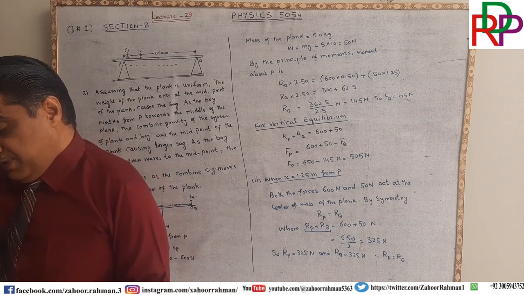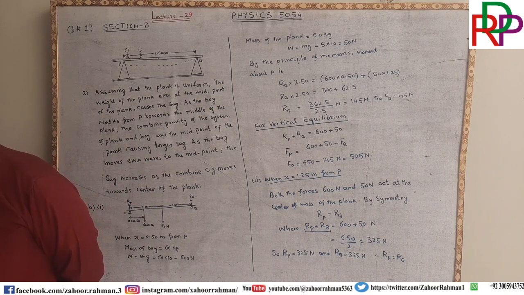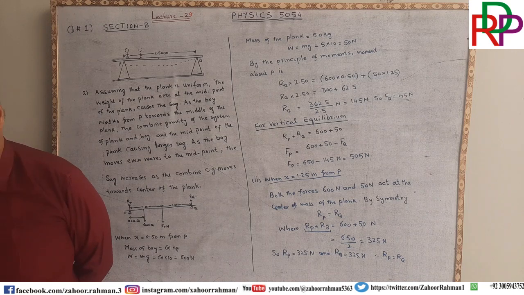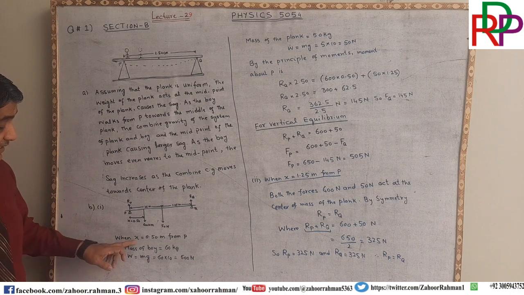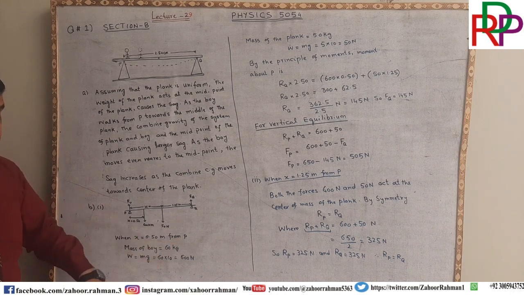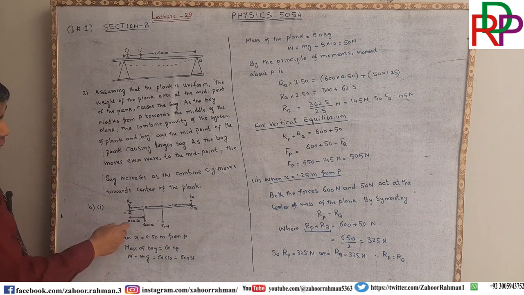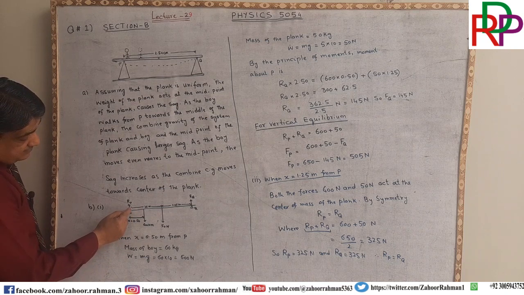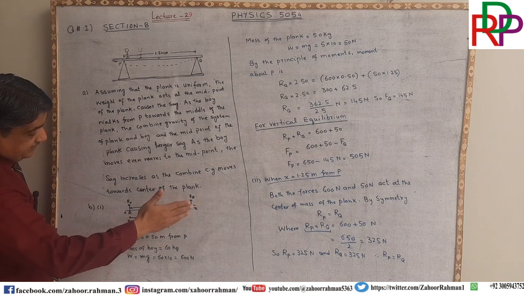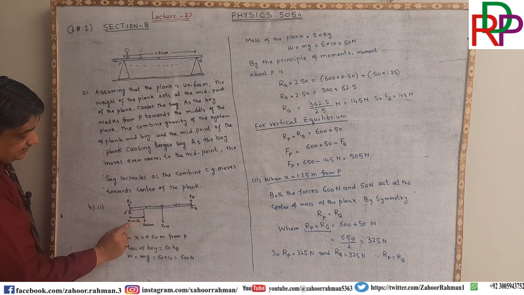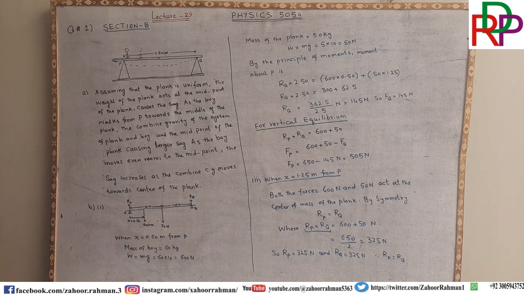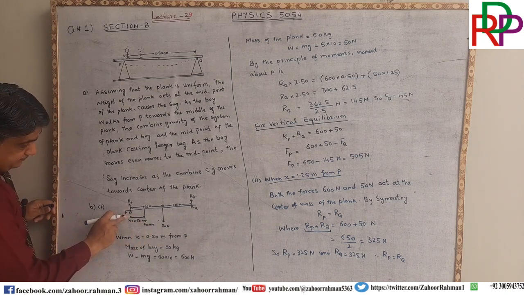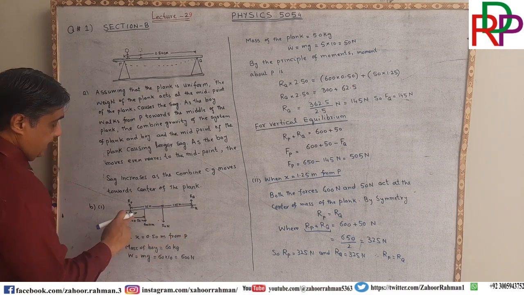Part number B is saying: calculate the downward force exerted on each trestle when the student is at a distance of x is equal to 0.50 meter from P. The student is walking from this trestle P towards the trestle Q, and when he is at a distance of x is equal to 0.50 meter, then what will be the force on this trestle Q and on P?